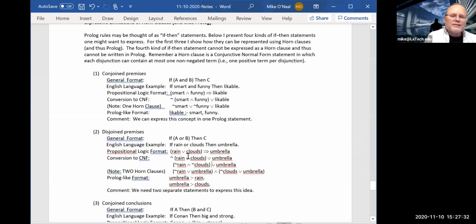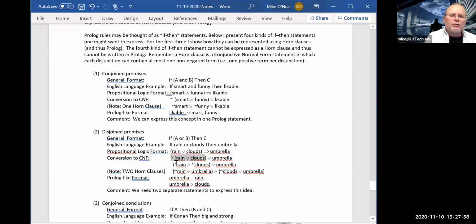But now this is something we've not seen before. We've seen when you've got something like smart and funny, the not flips the symbol over into an or. But what happens if we start out with an or? Not rain or clouds.